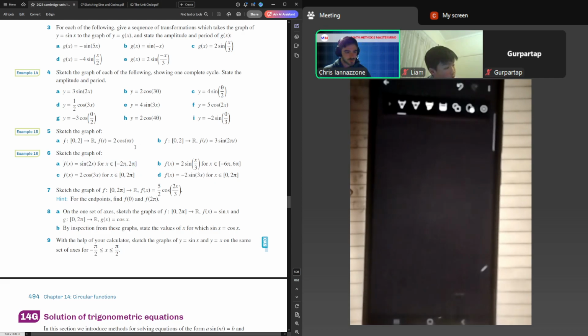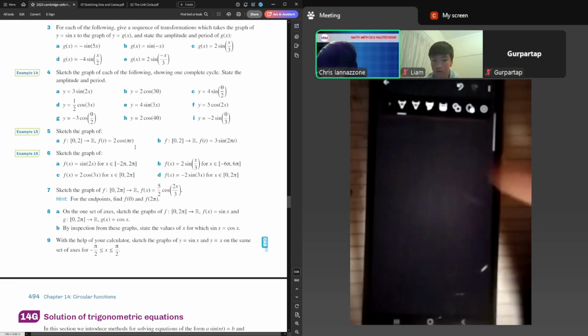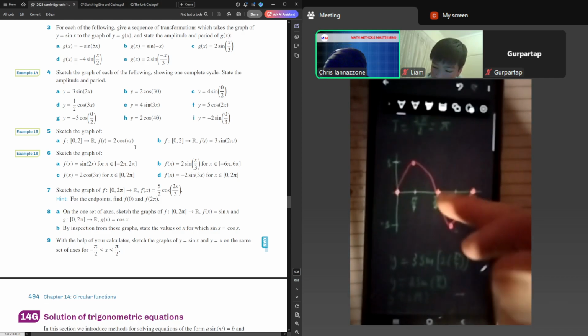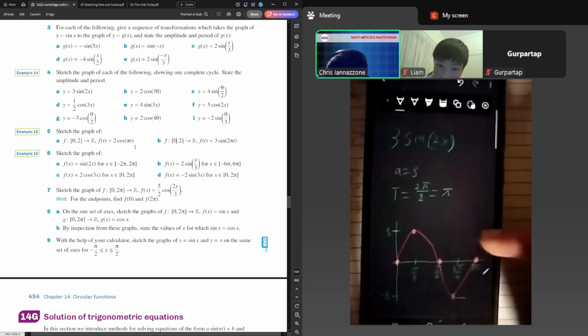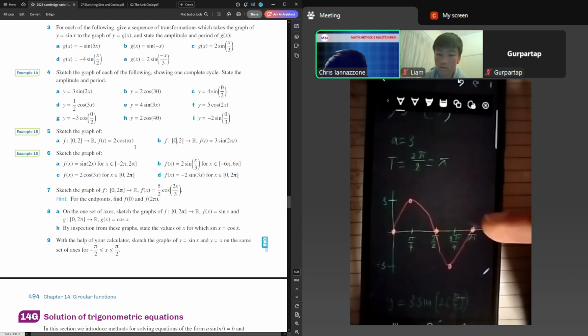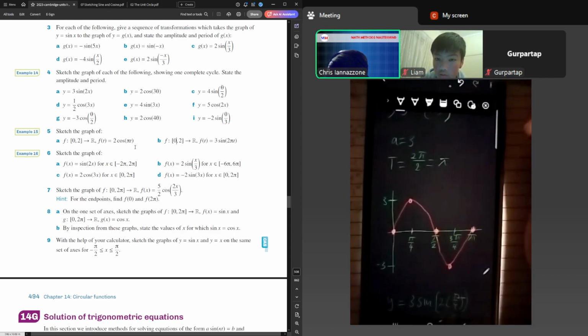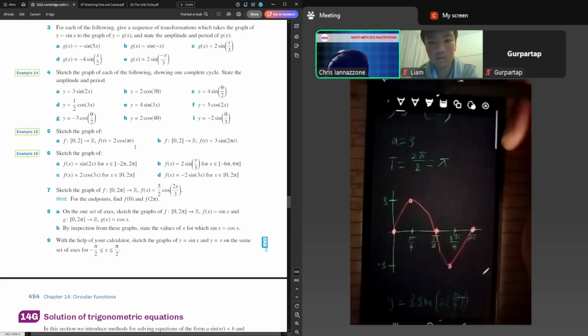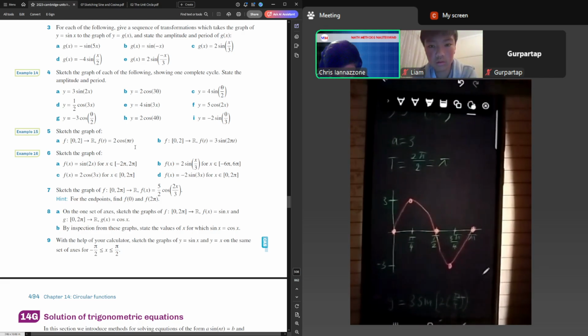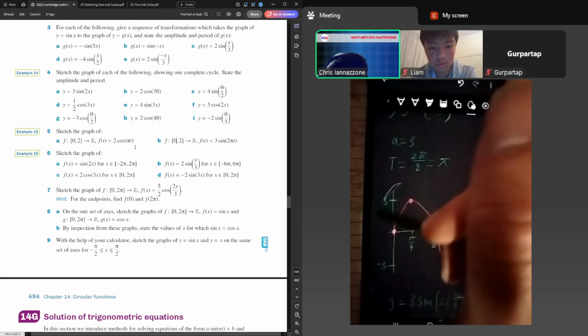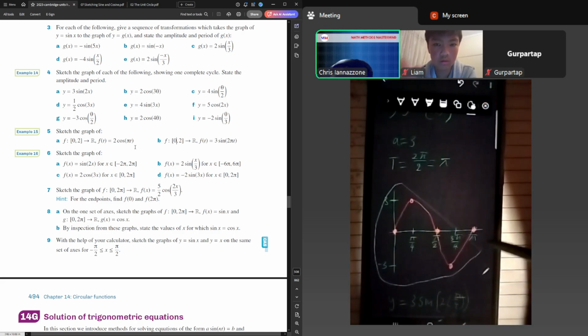Instead of doing another graph, what I'm going to do is change the domain on us slightly. So instead of going from 0 to pi, we now want to go from negative pi to pi. So I've got to give myself some space for this.